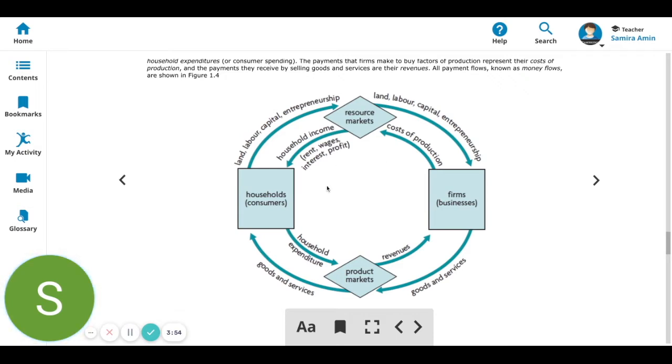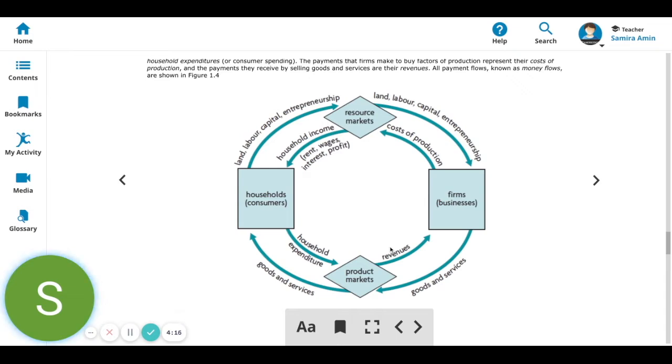So it's a circular flow that's happening. The inner circle is a circular flow of the money, and the outer flow is the flow of factors of production and goods and services. This outer one is clockwise, the inner one is anti clockwise.